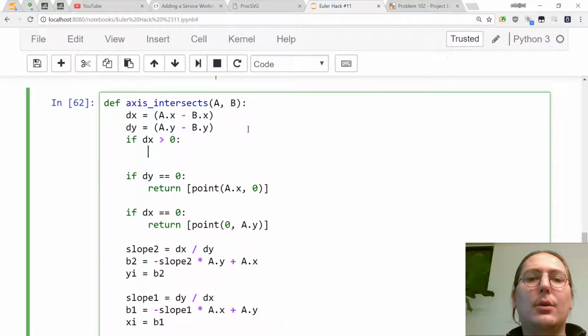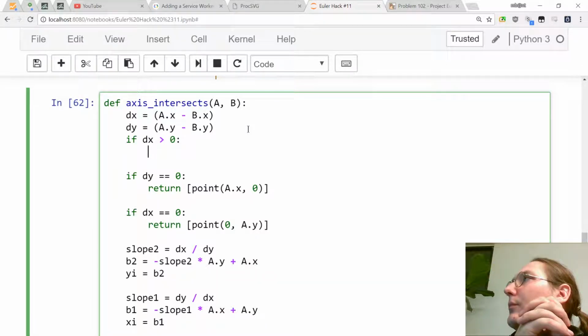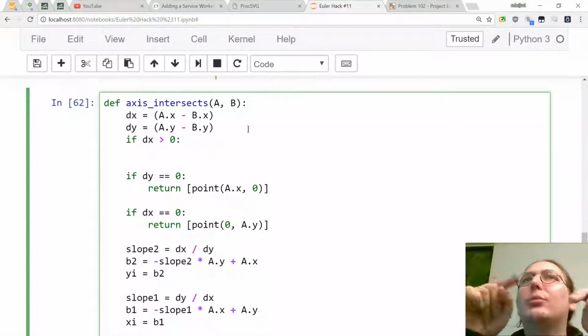Right now I'm thinking, is the y-intercept valid? The y-intercept is valid, I think, if dx is greater than 0. No? Why? Maybe we can go further to the right and it's still valid. Maybe we can start with this condition: if dy is equal to 0. Now let's just think of it completely separate from that.